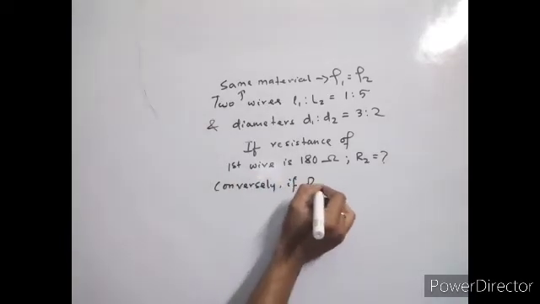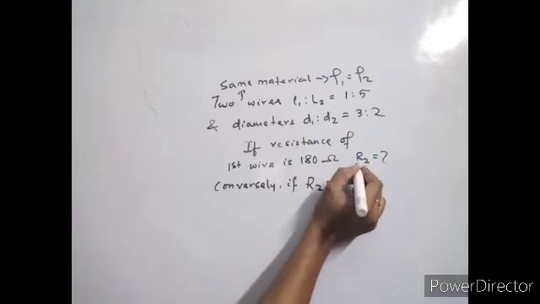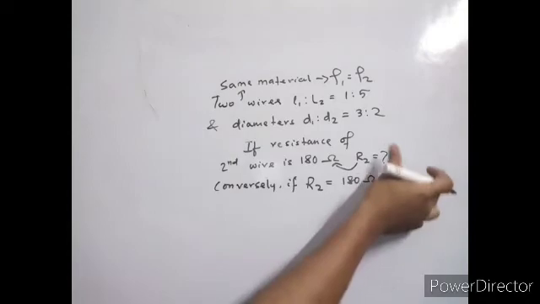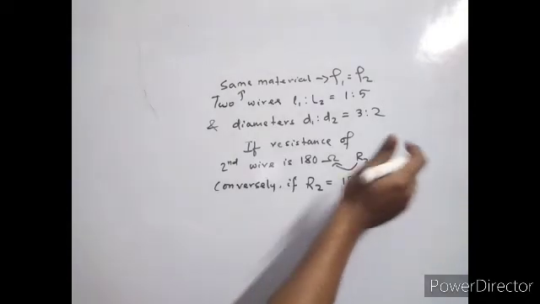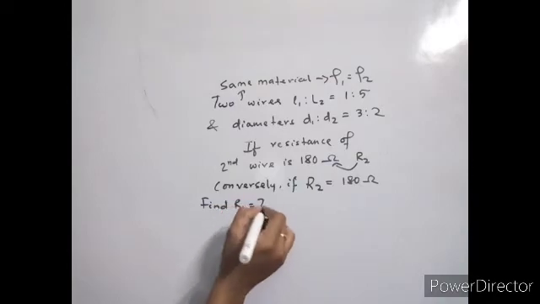Now conversely, if R2 is equal to 180 ohms and we want to calculate R1, so the resistance of the second wire now is 180 ohms, and we just need to find the value of R1.